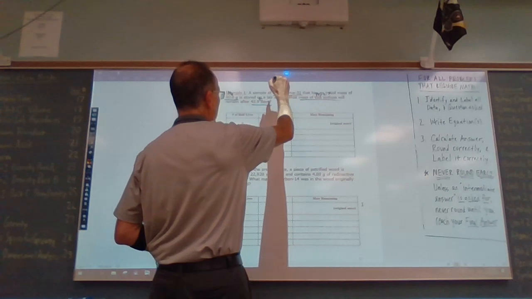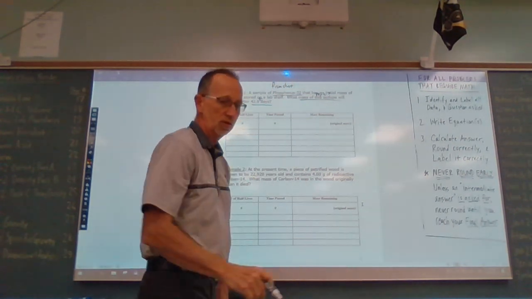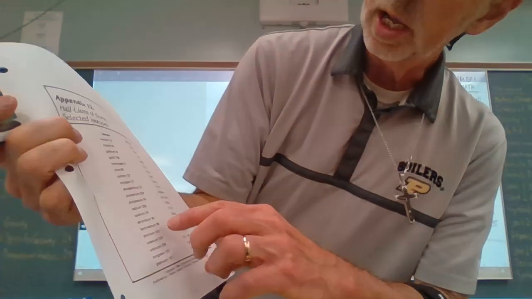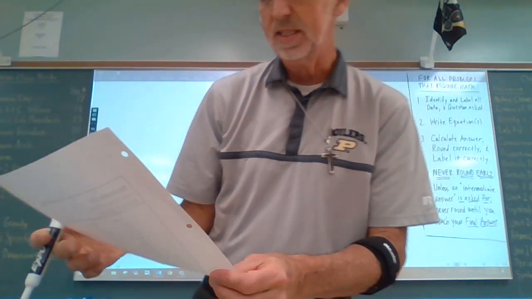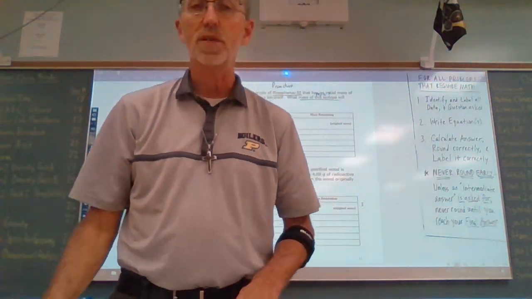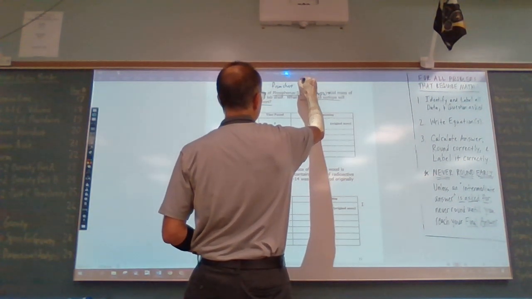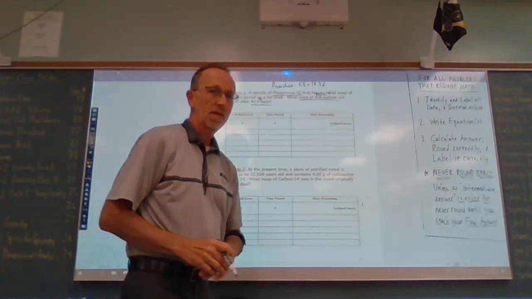Now, from the chart, if I look up phosphorus-32, which is right there, we can see that its half-life is 14.3 days. So T to the 1/2 is 14.3 days.